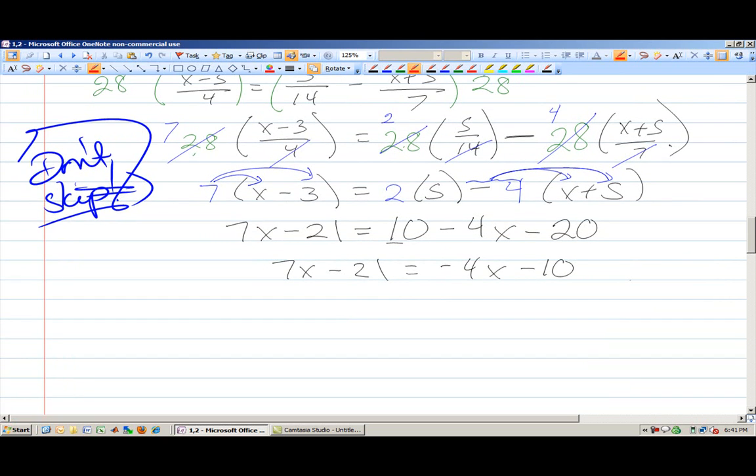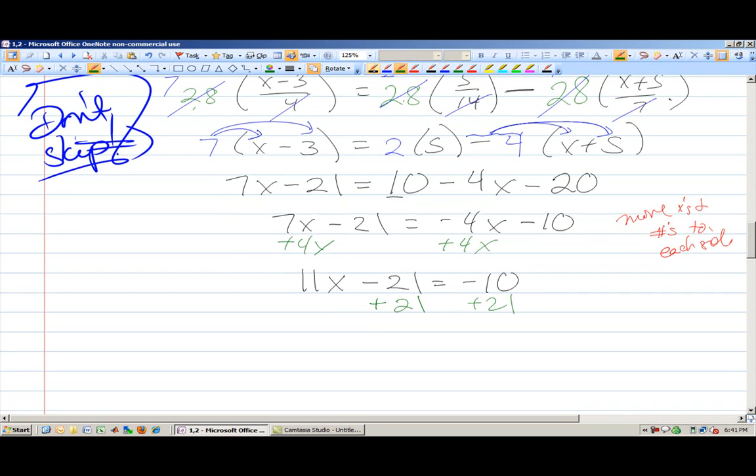Now remember, I want to move x's and numbers to each side. I like to have my x's on the left, so I'm going to move my x's over here. I'm only going to move one at a time, so I make sure I don't do anything silly. I'm going to move my numbers back over, so I'll add 21 to both sides.